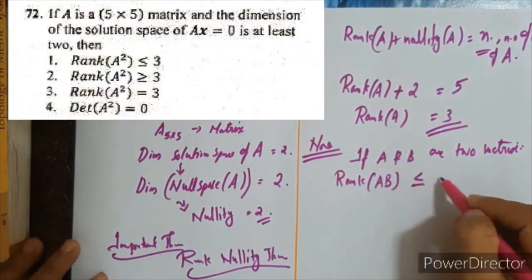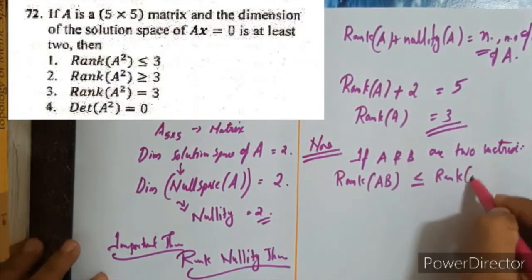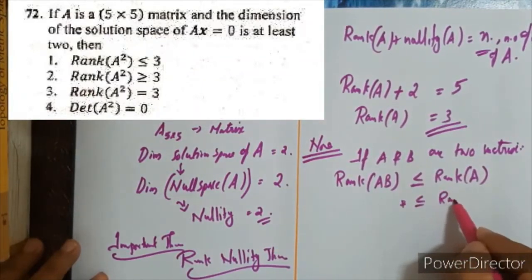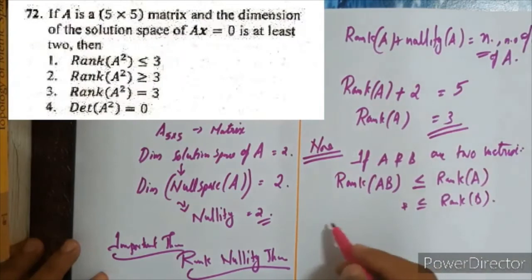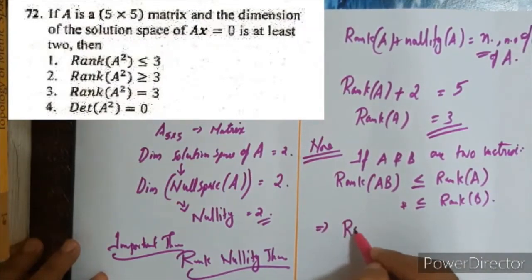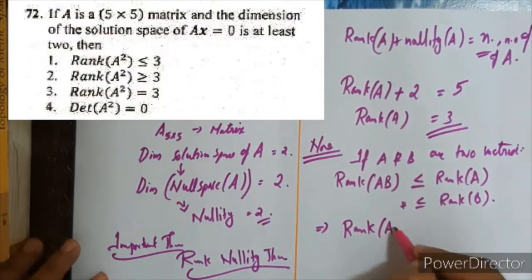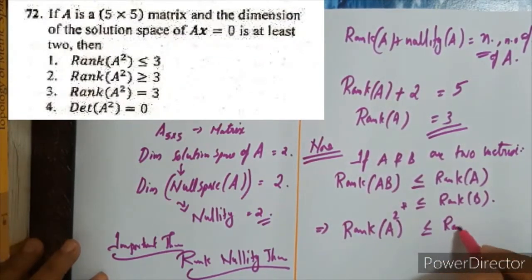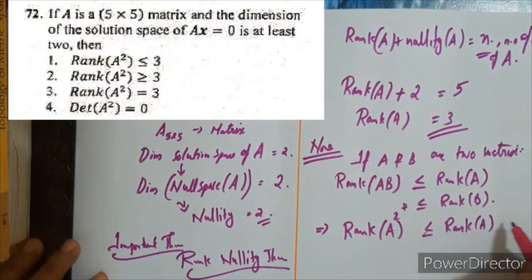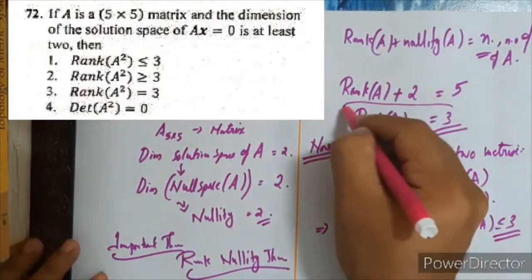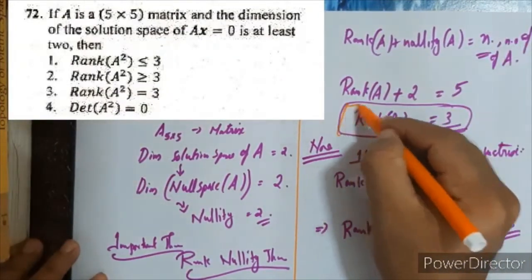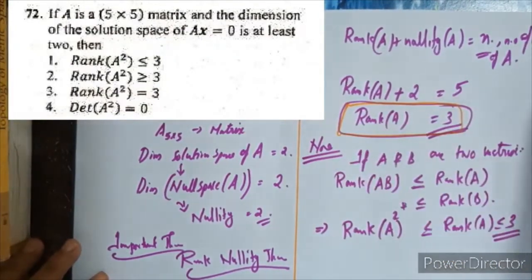This is always less than or equal to rank of A and always less than or equal to rank of B. Which implies rank of A square is always less than or equal to rank of A, which is less than or equal to 3. We know that rank of A is 3.